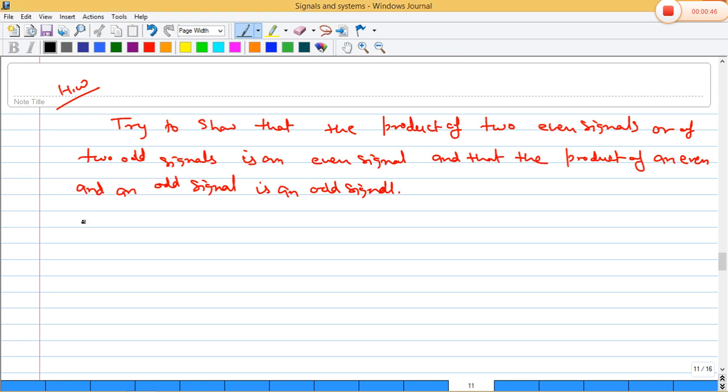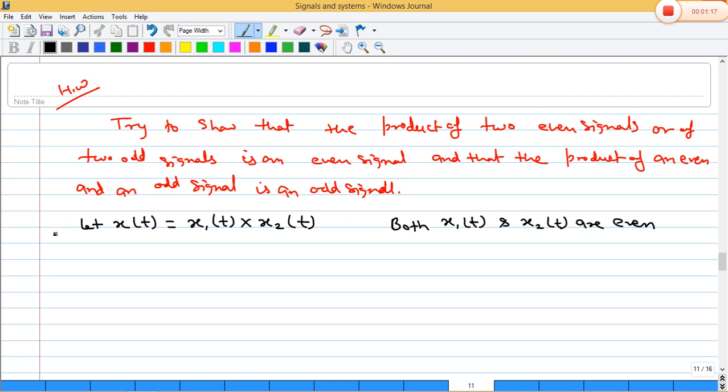Here let x(t) be the signal, the multiplication of two signals. Both signals x1(t) and x2(t) are even.